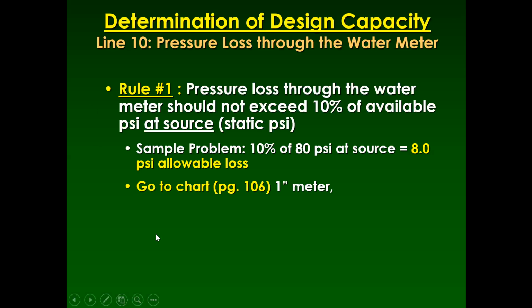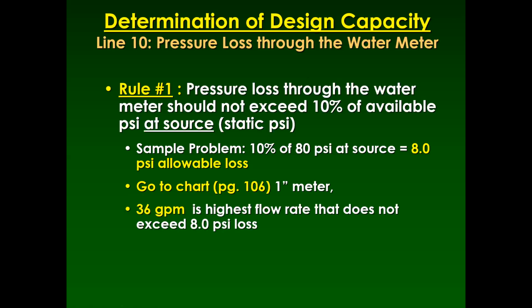So go to page 106 in our Rain Bird books. Everybody get to that page? We look at our 1 inch meter because that's the meter we have. We see all those numbers along the side, going from 0.01 all the way to 15.0.